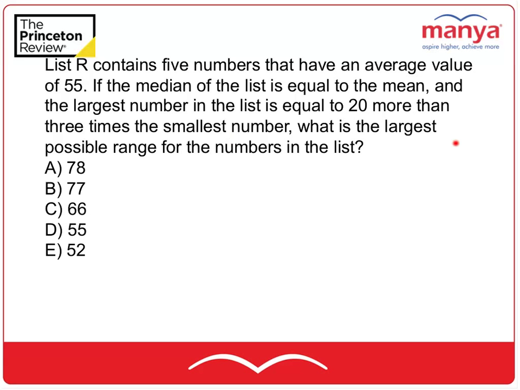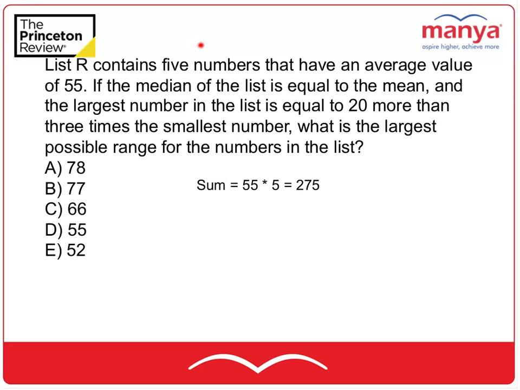What is the largest possible range for the numbers in the list? We do not know exactly whether they are consecutive or not. So let us start with what we know. The average is 55 and it has 5 numbers, so we can get the total to be 275. And if the median of the list is equal to the mean, what will be the mean?